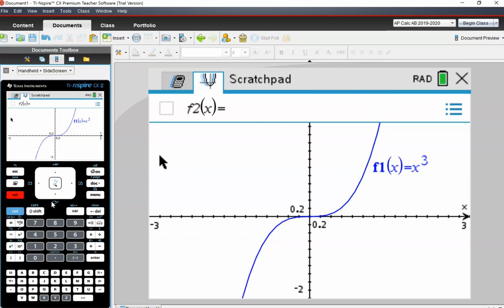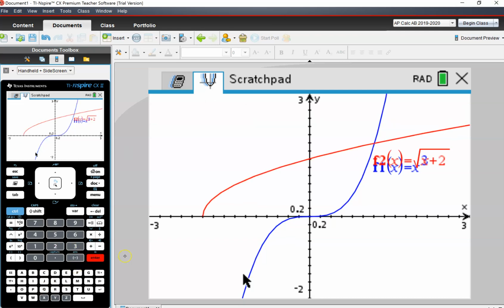How am I going to put the second one in? It's x equals y squared minus 2, so it's y equals the square root of x plus 2. I'm only going to do the top because I just want the intersection on the top. So the square root of x plus 2, we said.